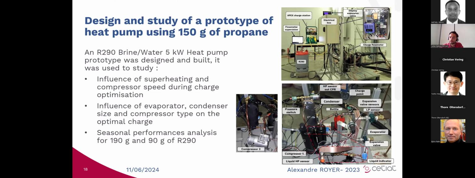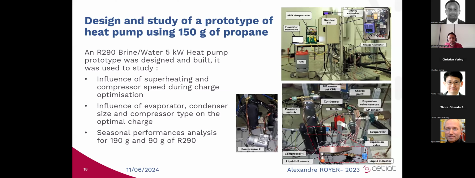So this one used propane, which was found to be the most promising candidate because the GWP is minimum. The only issue with propane is flammability, as you know. So one of the easiest ways to deal with flammability is to reduce the amount.